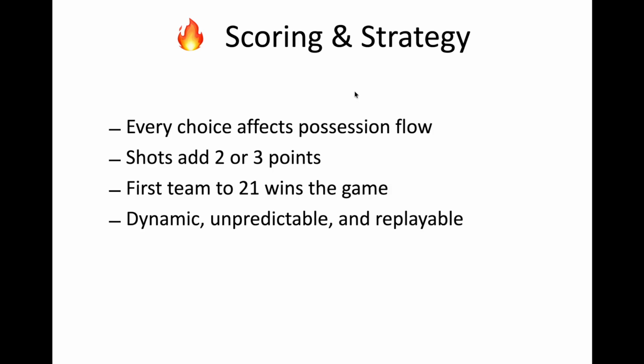The outcome of each action affects the flow of the game. If a shot is attempted, whether it goes in or misses, the possession switches automatically. If a pass is attempted, the result determines whether the offensive team keeps the ball or turns it over. Every completed shot adds either 2 or 3 points to the offensive team's score.